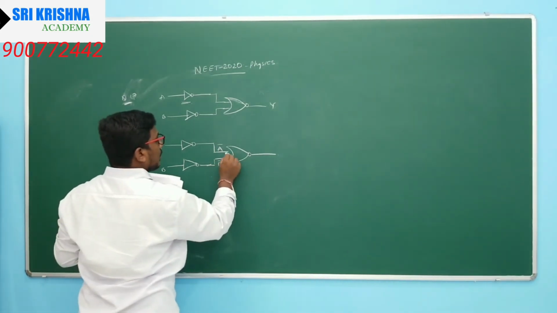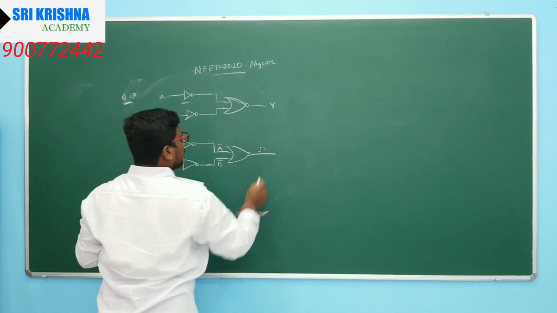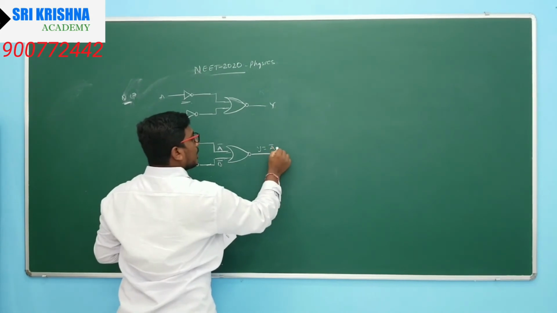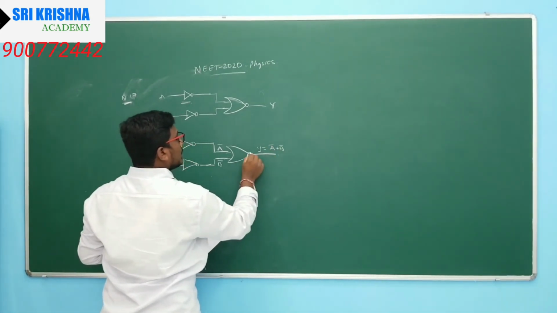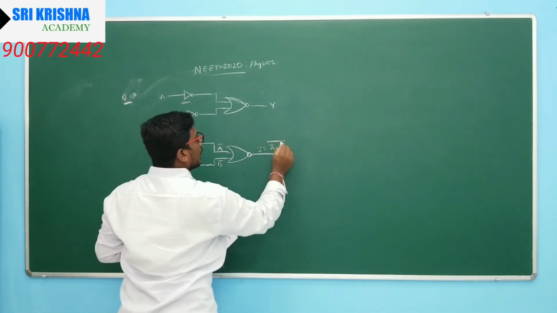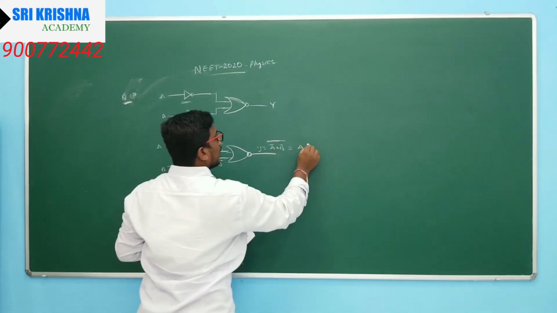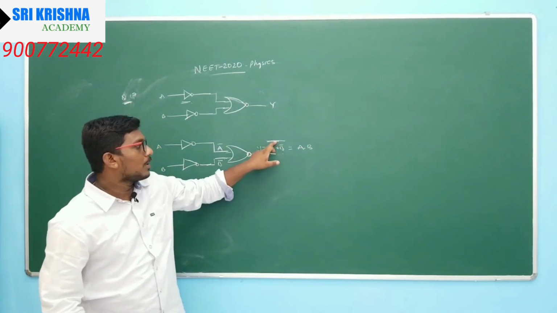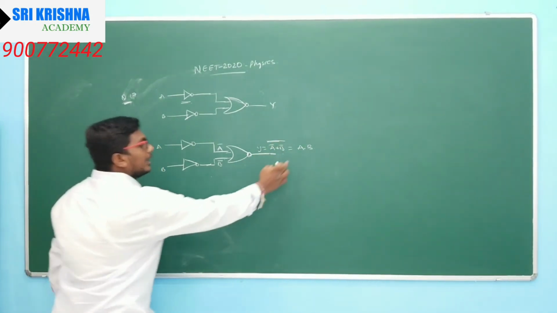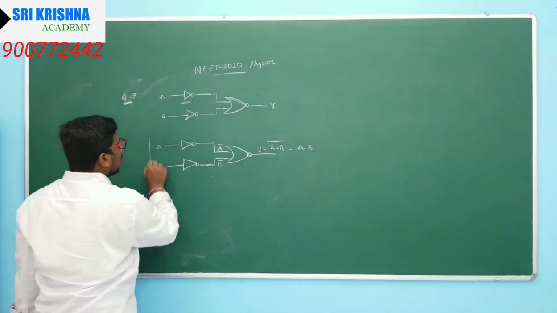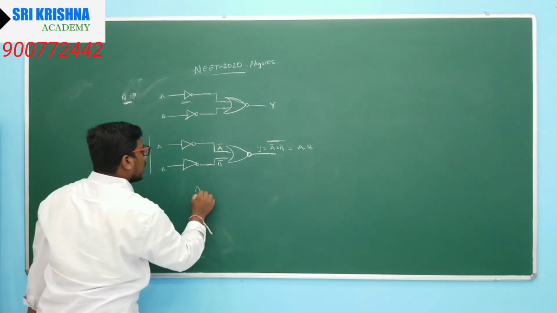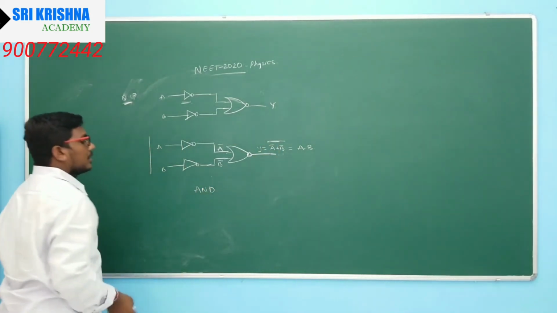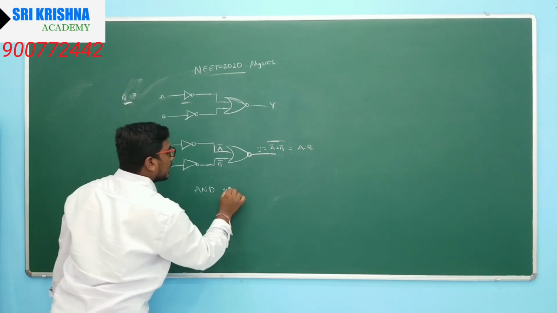Then this is a NOR gate, so Y will become A bar plus B bar, whole bar. That means A into B. So this whole logic circuit becomes an AND gate.